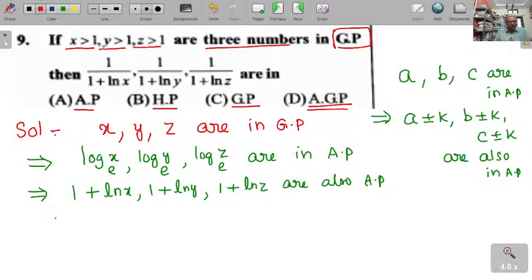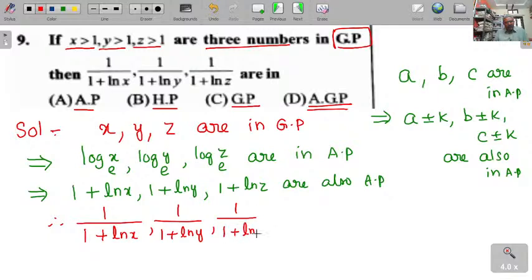So the reciprocals, 1 upon 1 plus ln x, 1 upon 1 plus ln y, comma 1 upon 1 plus ln z, obviously are in harmonic progression. So our answer is harmonic progression.